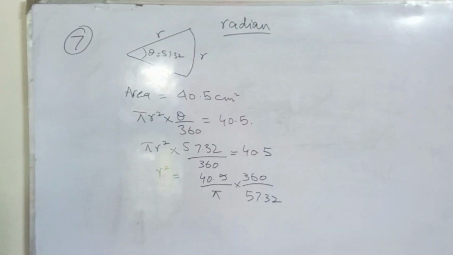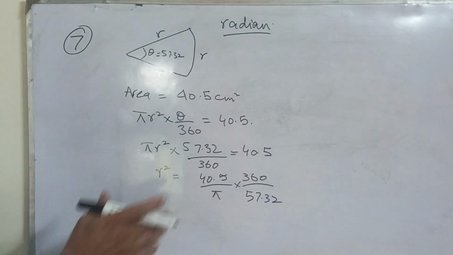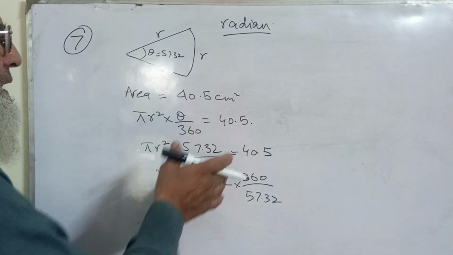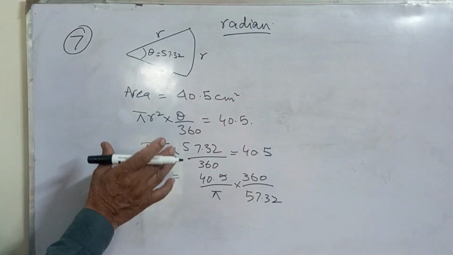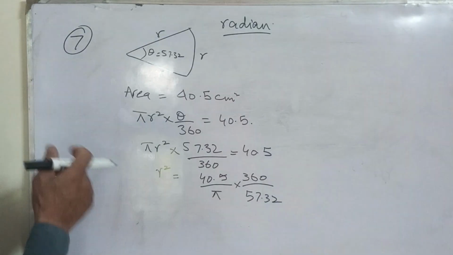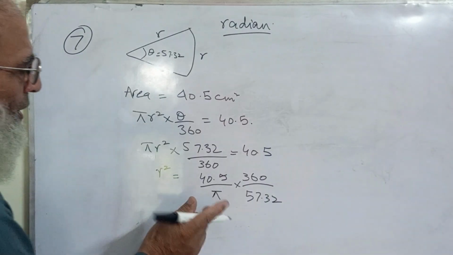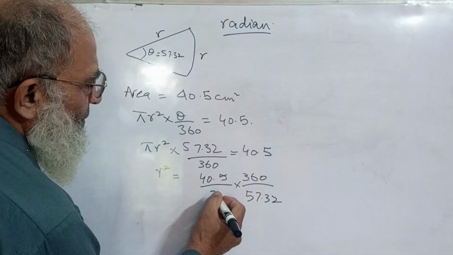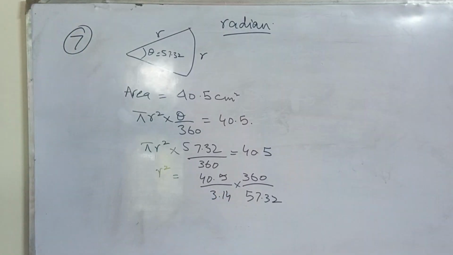I don't know whether you have studied radian or not. It would have been a little easier than this, but you will find something interesting in this. Just replace this pi with its constant figure, 3.14.